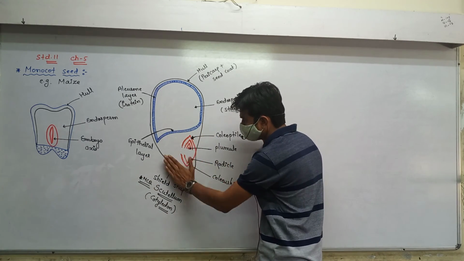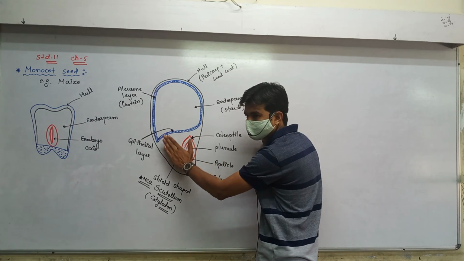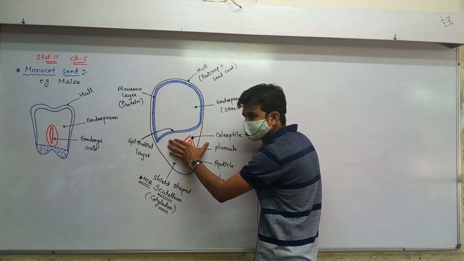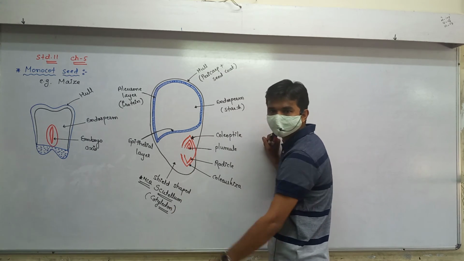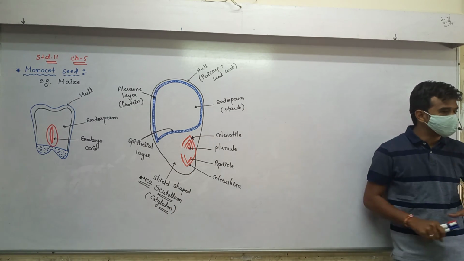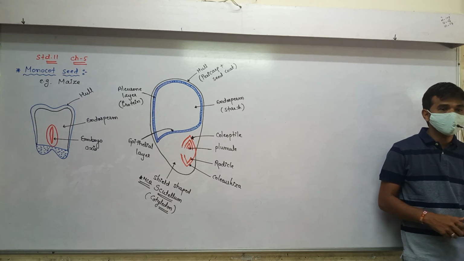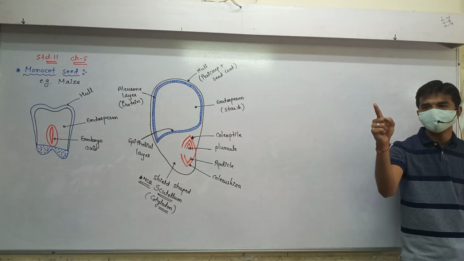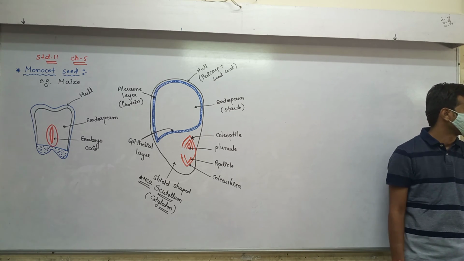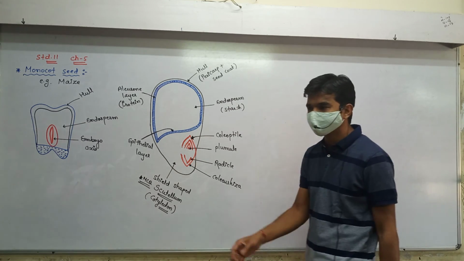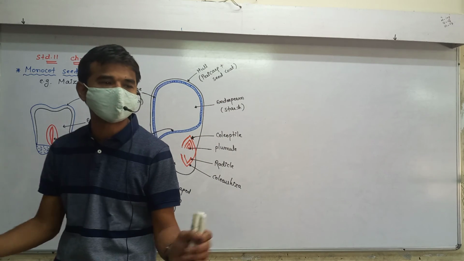Towards the narrow part, the shield-shaped cotyledon is present. It is known as scutellum. This is the most important information; in the exam the question will be asked like this: what is scutellum?